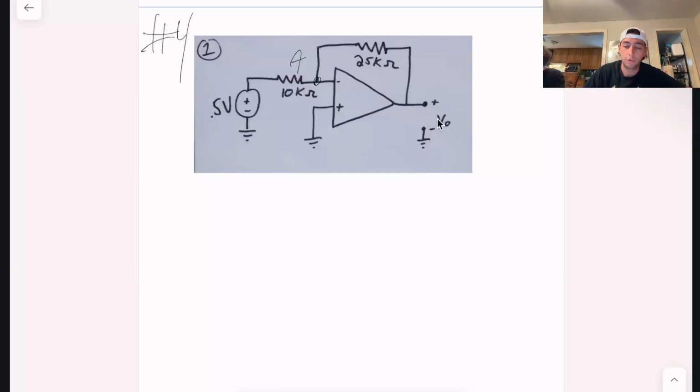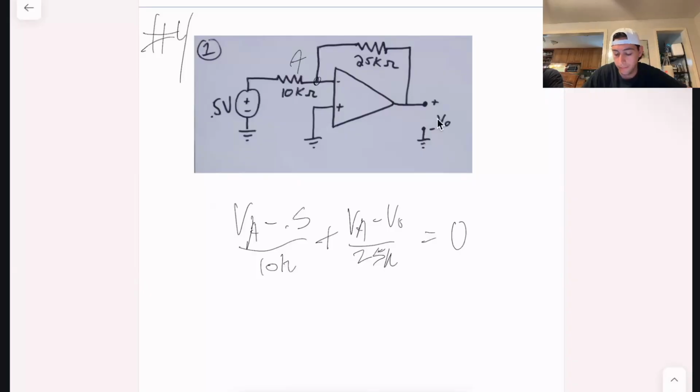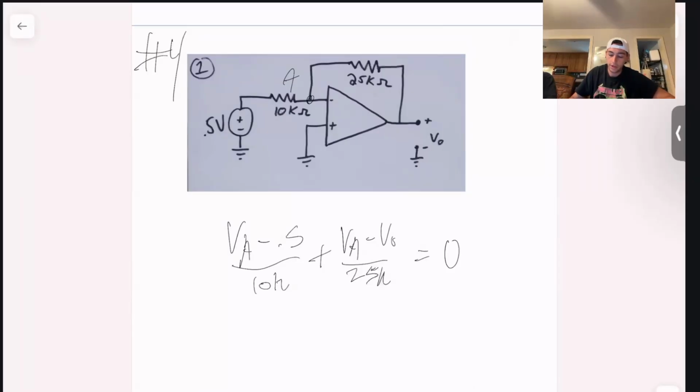So to solve this problem, we're going to use KCL. And we'll start with (VA minus 0.5 volts) over 10K plus (VA minus V out) over 25K equals 0. Now we have this relationship to determine the voltages.